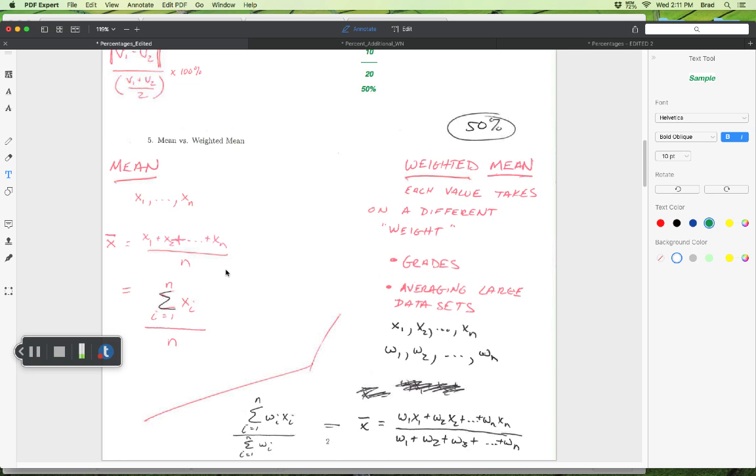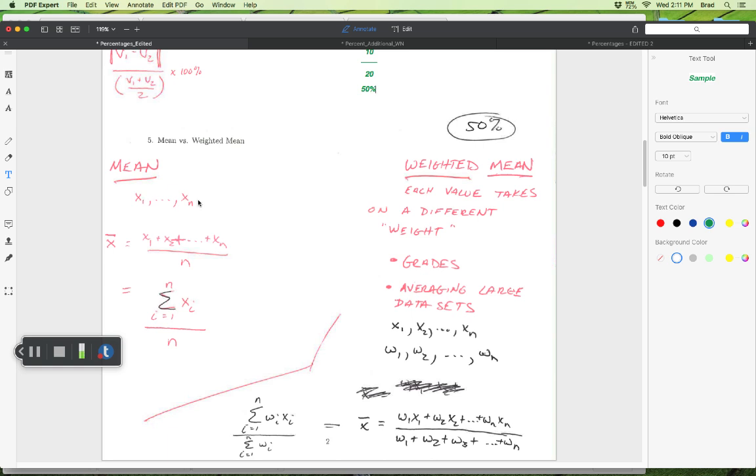So the mean of a data set, or oftentimes what we call one of our tools, our measures of center, often called an average, is where if we've got n data points, like x1, x2, all the way up to xn, these might be 7, 6, 29, so on and so forth. They could be numbers representing anything.